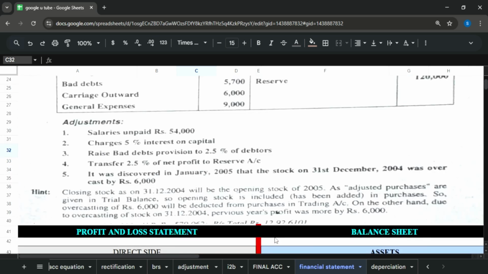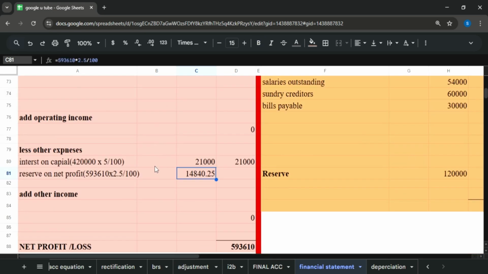Let's check it out. Okay, transfer 2.5%. I am checking and rechecking it, so that there must not be anything unusual.